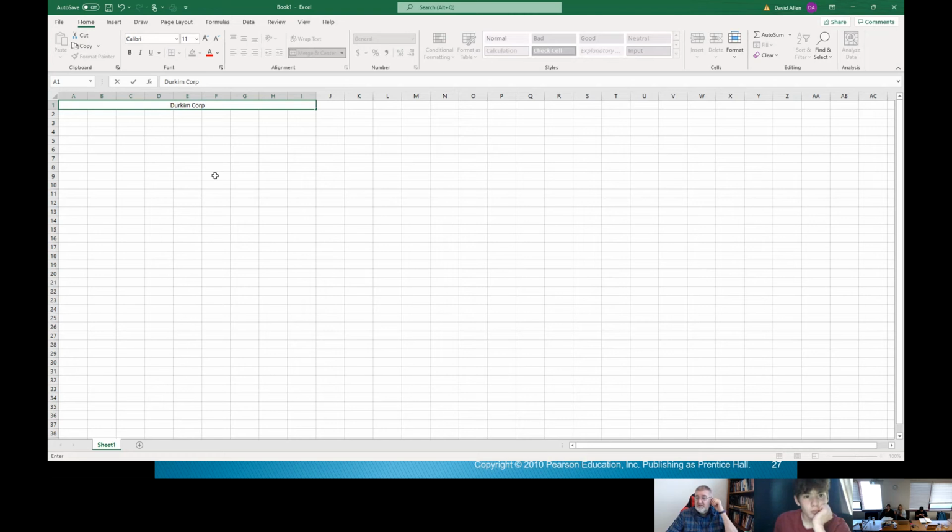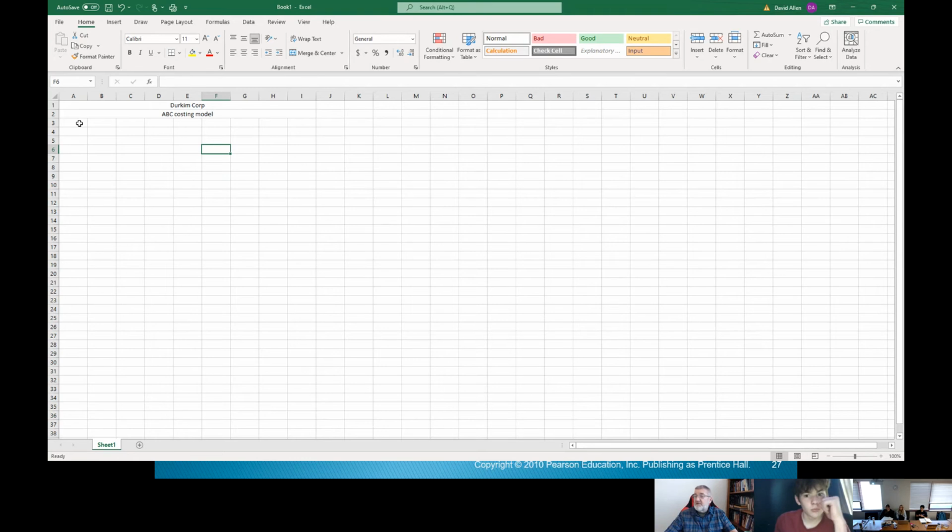Because at some point, if you have to build something, you're going to need to understand how to do this. Then I'm going to come right underneath that on the next line, merge that one, and put ABC costing model, because that's what we're building, a costing model, right? Yep.